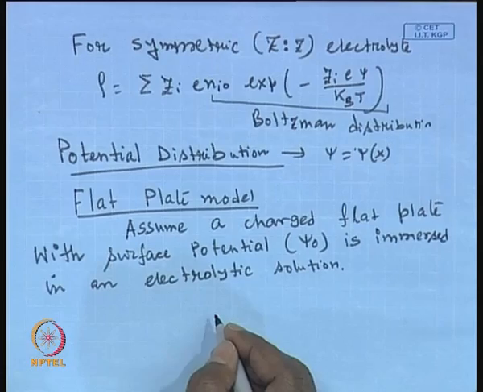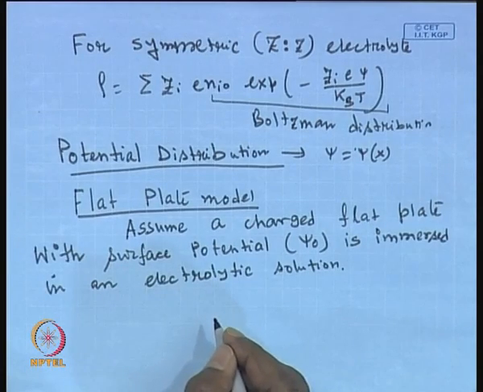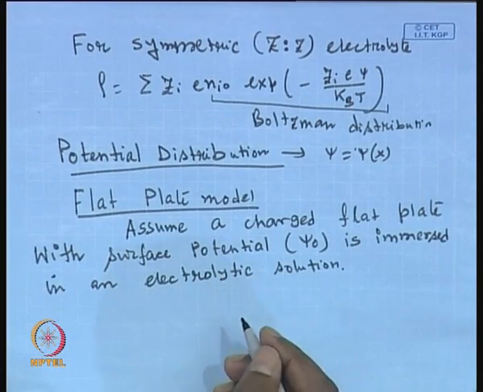Okay. And the potential distribution, you know, is given by the Poisson's relationship, right.